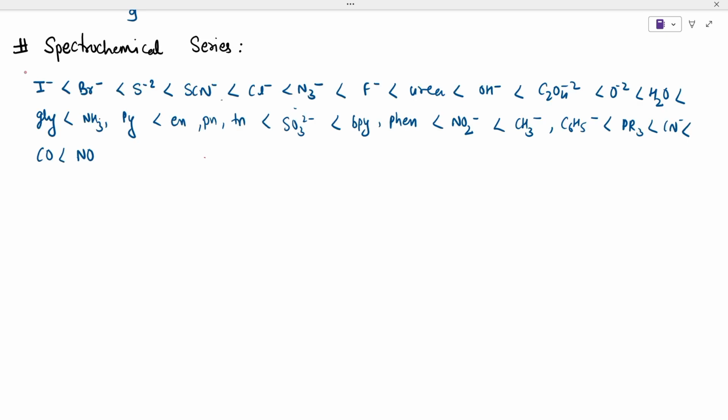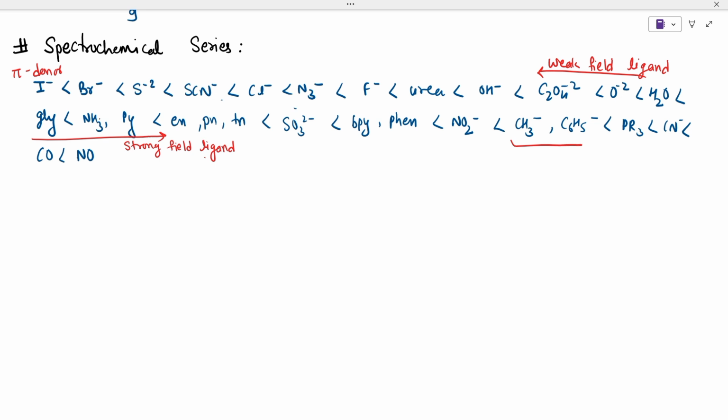Next, we have the spectrochemical series. So this is the general trend of the spectrochemical series. This side we have pi donor ligands, and before H2O, all are weak field ligands. And after H2O, all are strong field ligands.